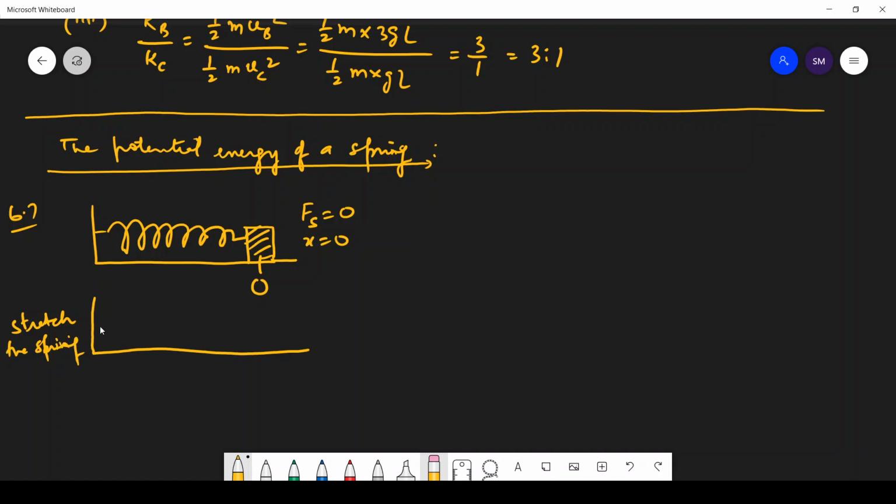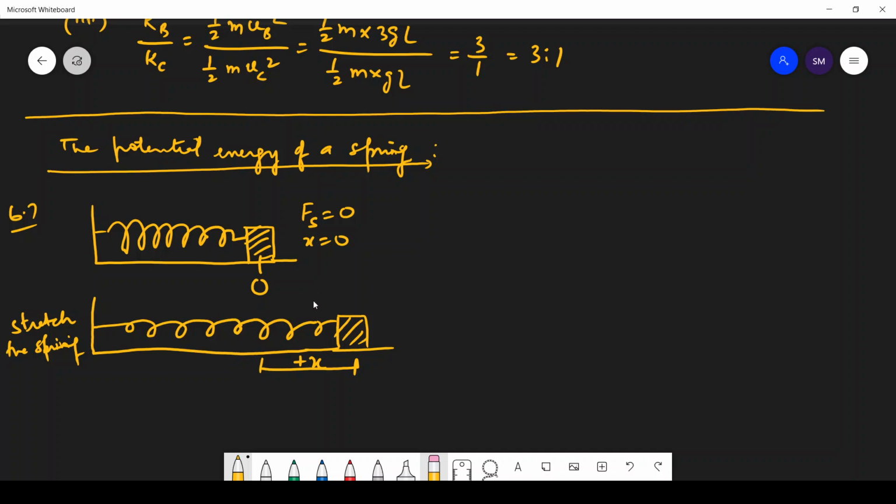You have seen it in your real life also. If you have stretched it, now this displacement is x. So this is the positive direction, so this is positive x.